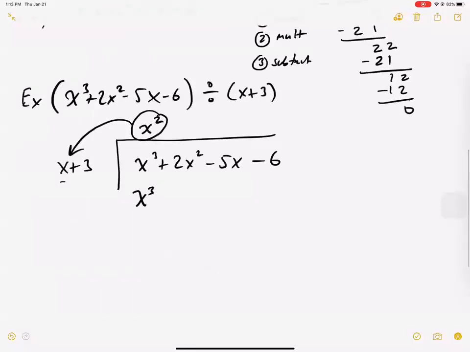Yes, we matched it. But it's not just x. There's a 3 there, so we have to distribute. So x squared times x and x squared times 3. So plus 3x squared. So take a look here. We match, multiply, and subtract.